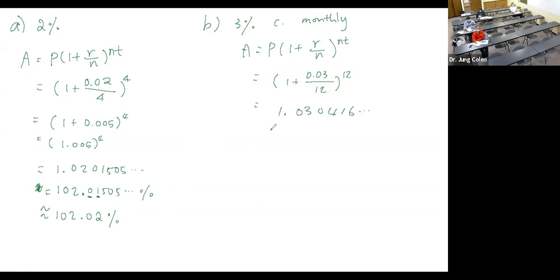Okay, going on. So this is how much you are getting. Oh, this shouldn't be the percentage yet. I made a mistake there, because that's only how much you are getting here, right? And that's how much you are getting using the different interest rate there, right?